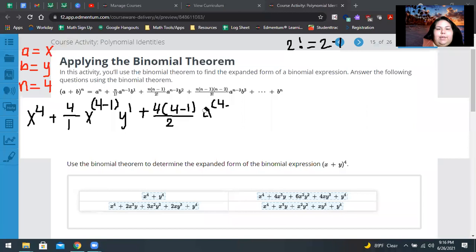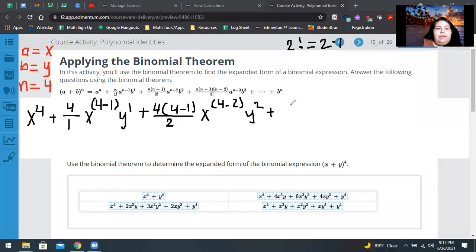And there I go again with the a. A again is x. Then it's 4 minus 2, and then b, which is y to the 2 power. Plus, here we go again. This is 1, 2, 3, 4, so we're on our fourth term.